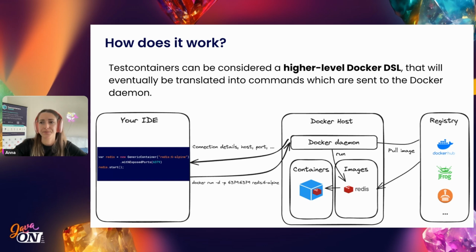In your IDE, you define what you want to start, and when the start command is executed, it will be interpreted into the Docker command that will interact with the Docker daemon running on the Docker host, that will pull the image, start the container, and give your code information about this container: the port, the host, environment variables, etc., everything that you can get from the Docker container.